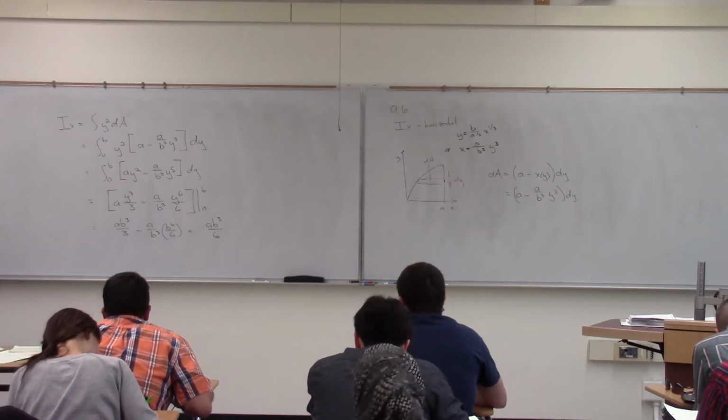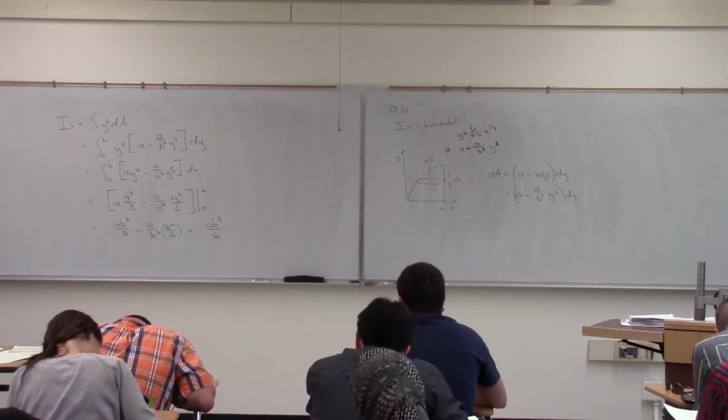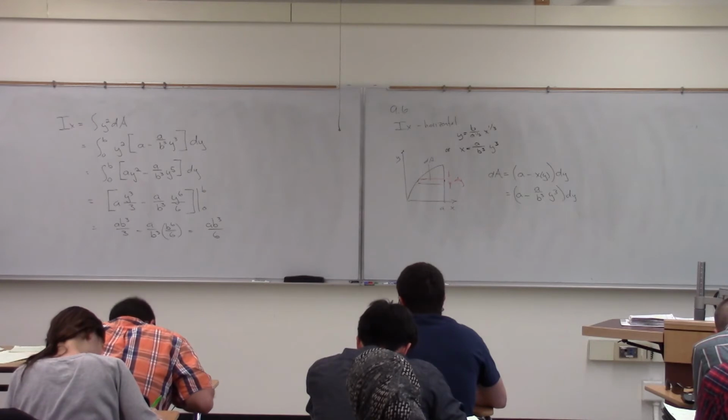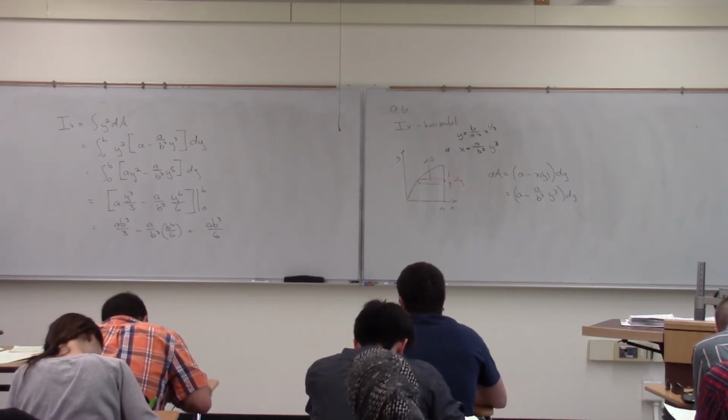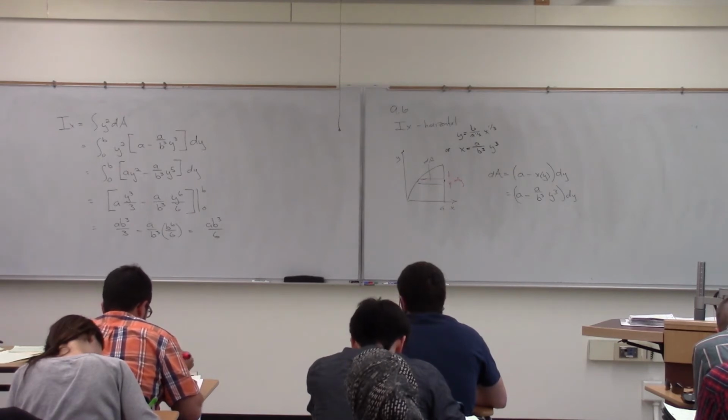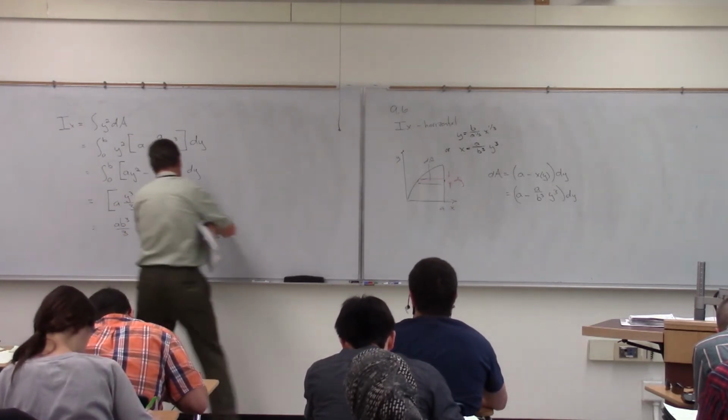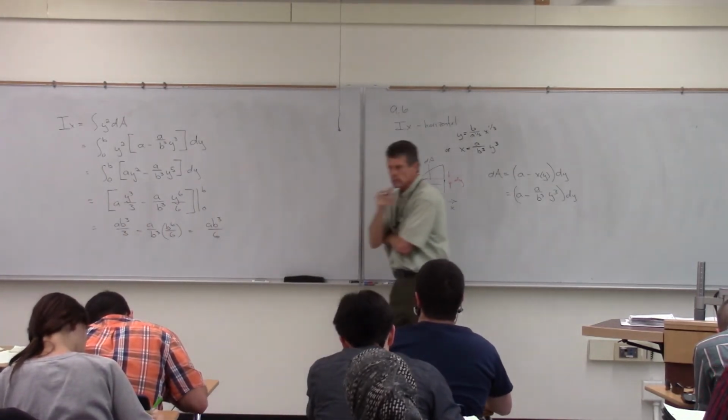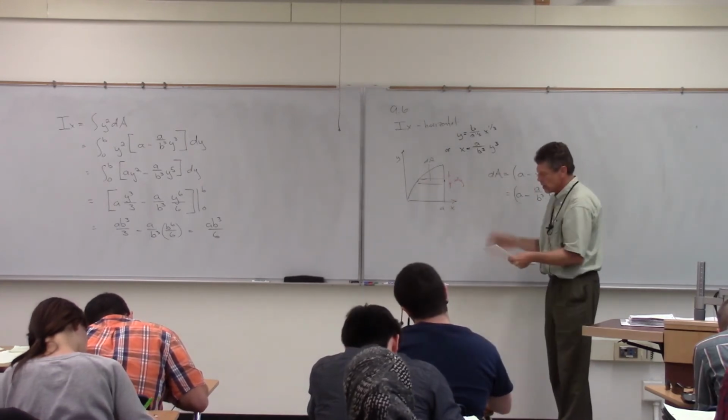And then just simply plug and chug, do the algebra. And then we end up having an expression for that I of x as ab cubed. And again, dimension check there: it's in terms of length to the fourth.